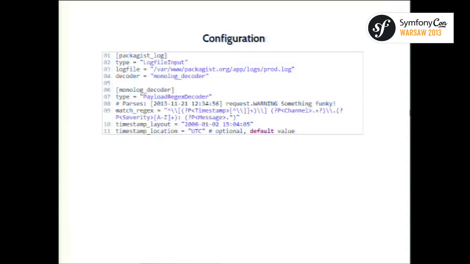So here, just as an example, this would be reading the log file output from Monolog, so the standard output you get from a Symfony application. You see you start with defining the input, the log file obviously, and then you assign it a decoder, and that decoder here just has these regular expressions to match a log line, and that's it.